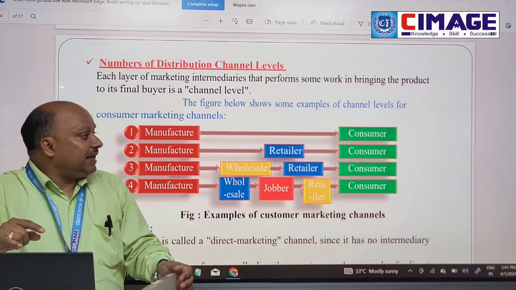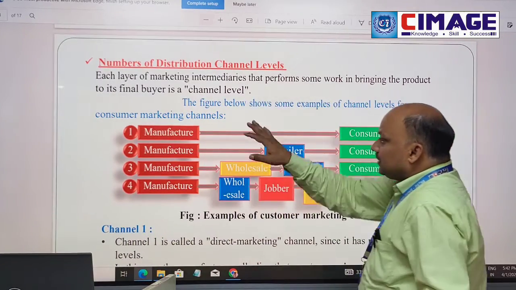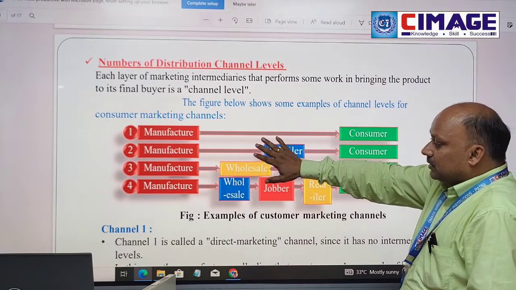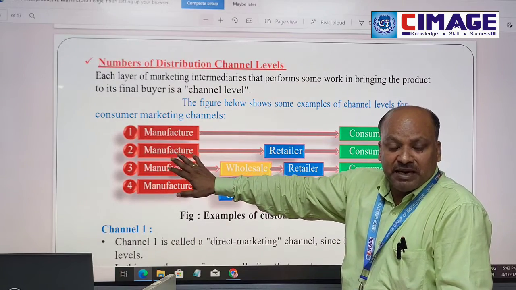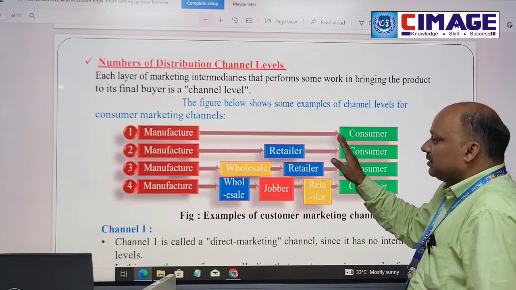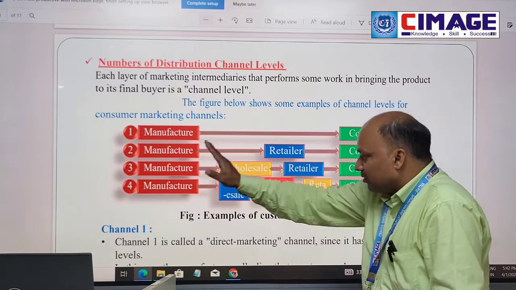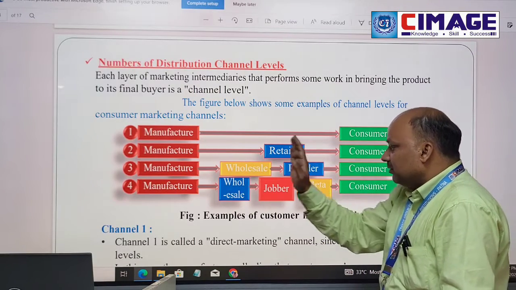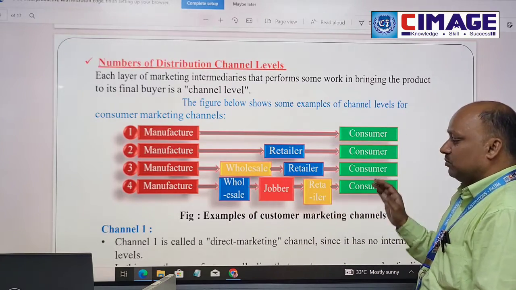Here we can easily see that there are a number of distribution channels. There are four categories through which distribution could be made possible: from manufacturer to consumer; from manufacturer to retailer and then consumer; from manufacturer to wholesaler, retailer and then consumer; and manufacturer, wholesaler, jobber, retailer and then consumer.